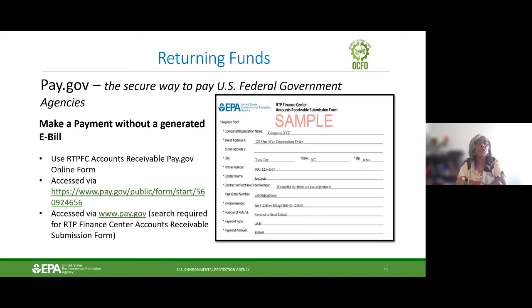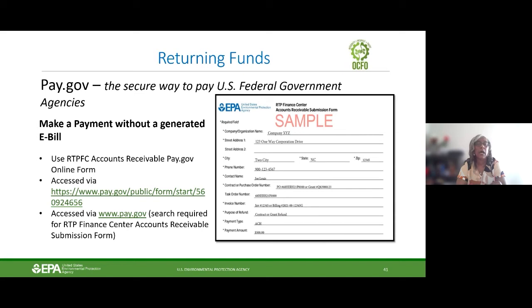This slide here shows another method to utilize pay.gov. If, for an example, you have completed your final FFR and you know that you owe the agency, let's say $1,000, you can utilize this link that's on the slide to just go in and actually make the payment at that time without waiting for the EPA to send you an e-bill.